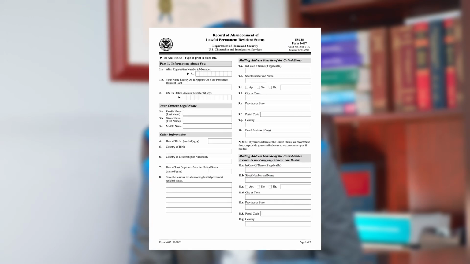And they could even bring you to a back room, it's called secondary inspection, and pressure you into signing an abandonment of residency form. It's called I-407. If that happens, I would not sign the form. You'll likely receive a notice to appear in immigration court, and at that point you need to get an immigration lawyer. It's fixable if we can show that your intention was to continue living in the US as a permanent resident.